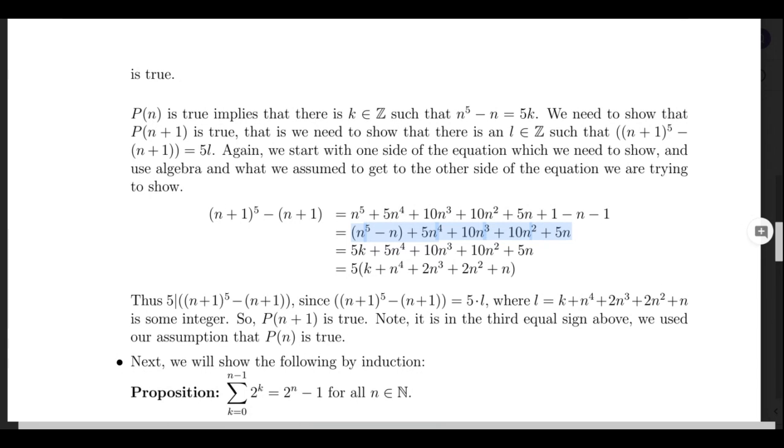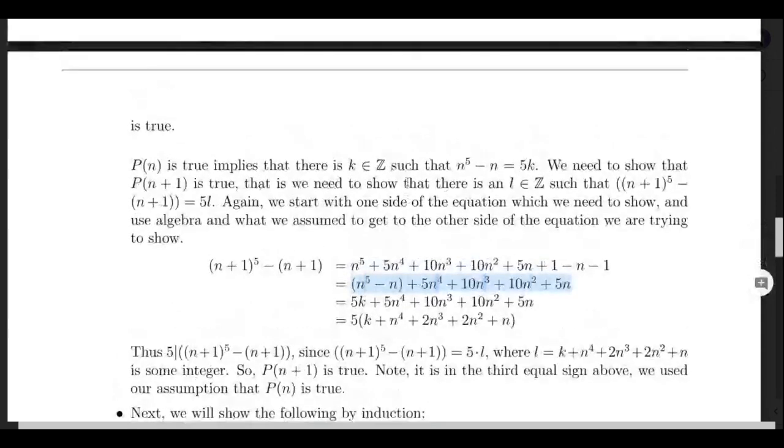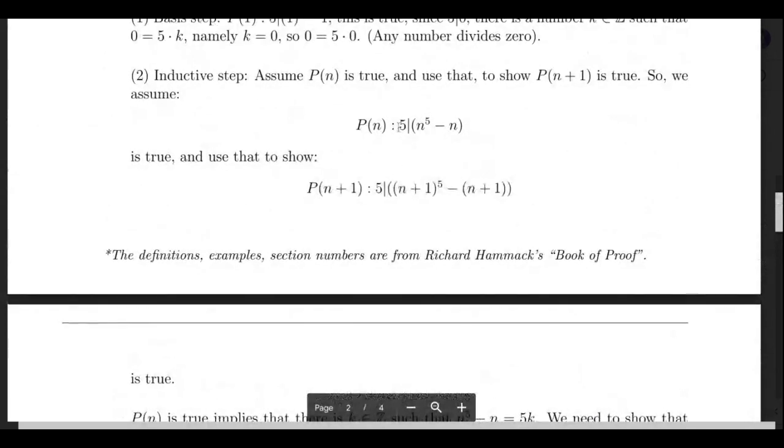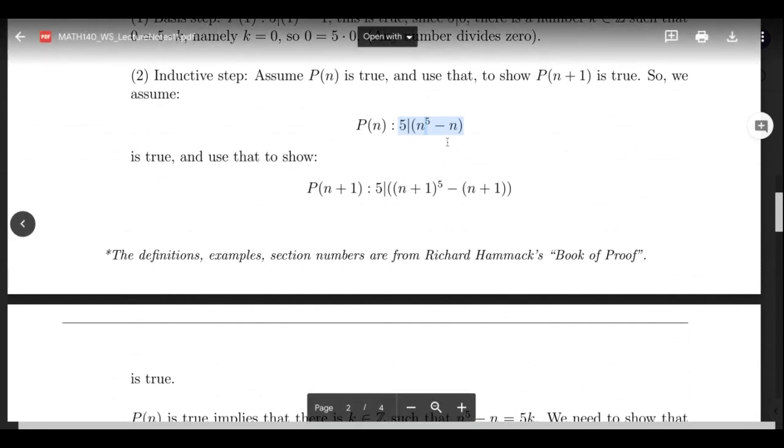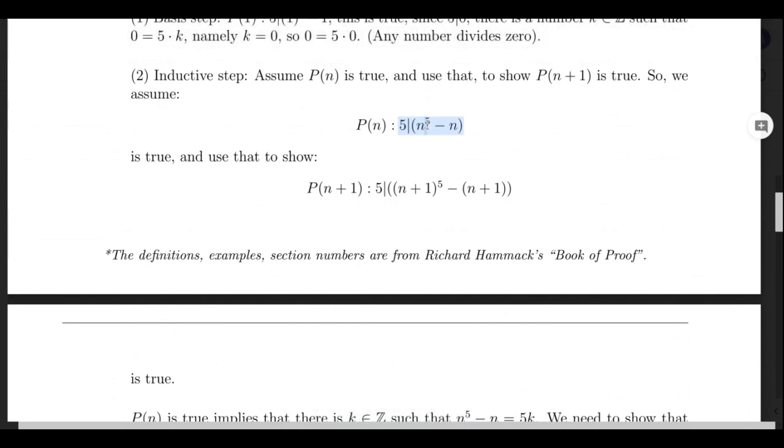So now, remember n raised by 5 minus n. We assumed 5 divides n raised by 5 minus n, which means 5 is a factor of this, which means n raised by 5 minus n can be written as 5 times another integer.